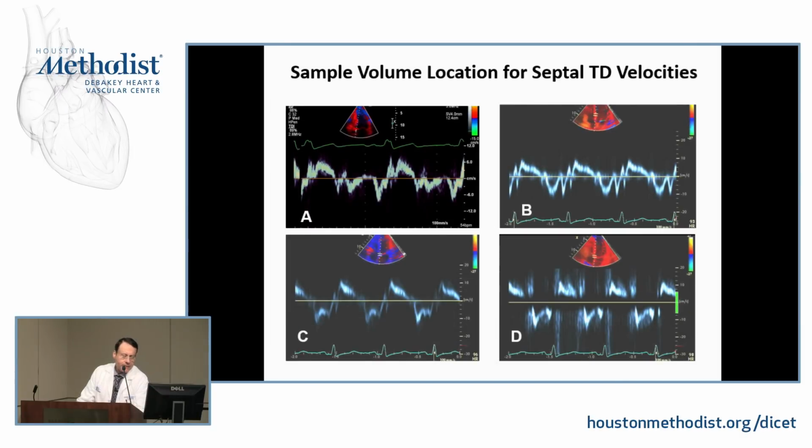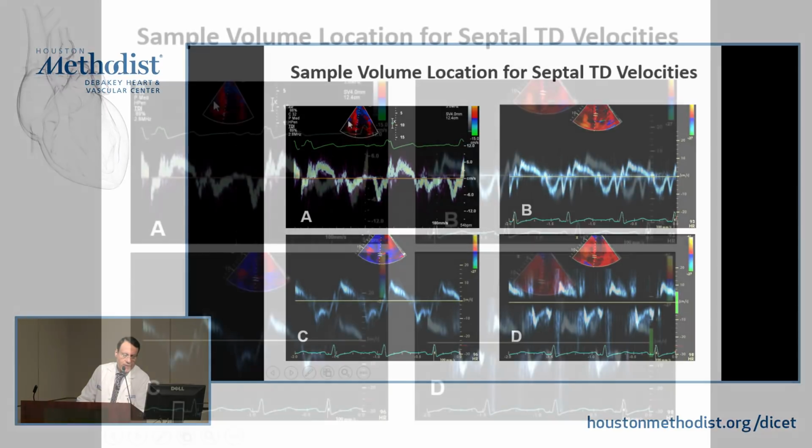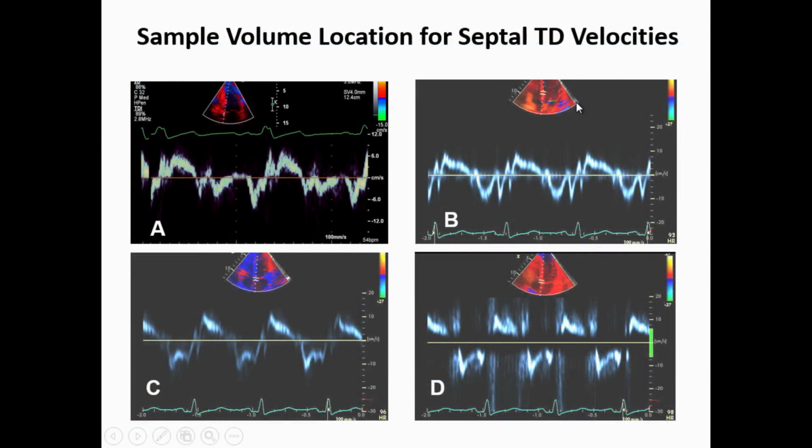Let's take a look. So we're looking here at septal tissue Doppler velocities. If we ignore where the sample volume is, if we ignore the gains, the filters, the compression, and look at each of these 4 panels, A through D, you can measure E prime and you can measure A prime. You will end up with different values.